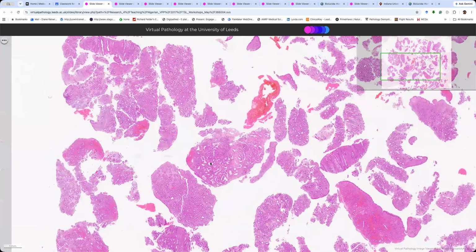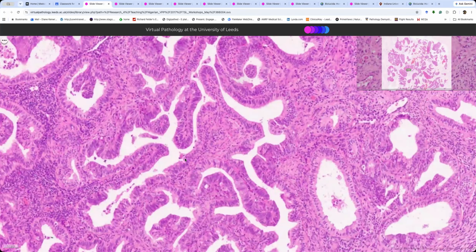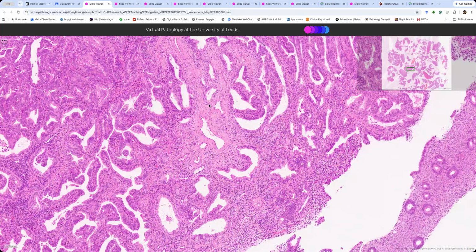Okay, so we're looking at this. We've got glands now that are complex with lots of infoldings. We're really concerned about this. Do we know it's in a polyp? Well, it's got the big glands of a polyp, but we can't tell on this that it's not in other places as well.